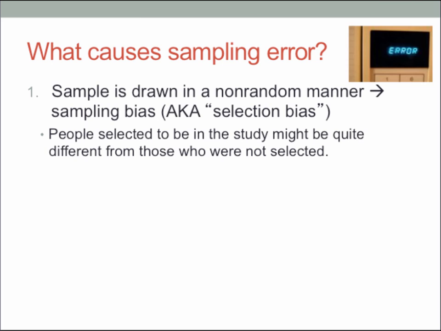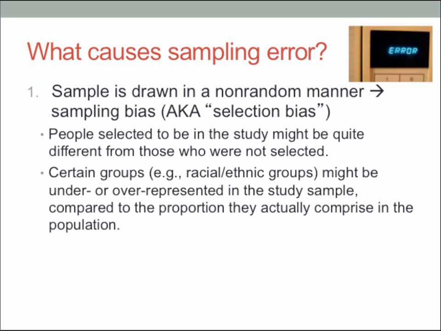So if you didn't randomly sample, but you may have purposely sampled, then your sample may not look like your entire population. Certain groups, like different racial or ethnic groups, might be under or overrepresented in a study sample compared to what they actually comprise in the population.